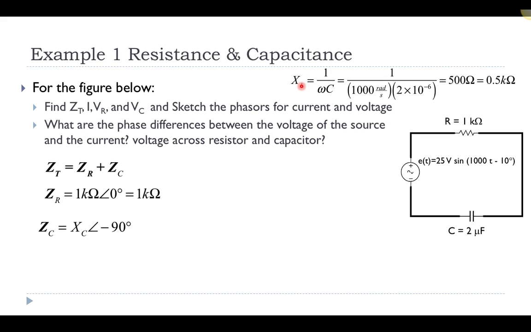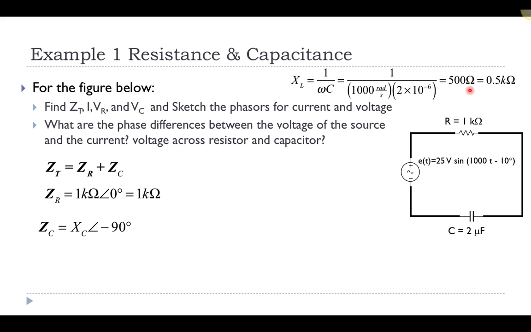So the capacitive reactance is 1 over the angular frequency times the capacitance. So this is 1 over 1,000 multiplied by 2 microfarads. I need to make sure I have all my units correct, so I'm going to convert microfarads to farads. So that's 2 times 10 to the minus 6. When I multiply that by 1,000 and then I divide, I end up getting 500 ohms.